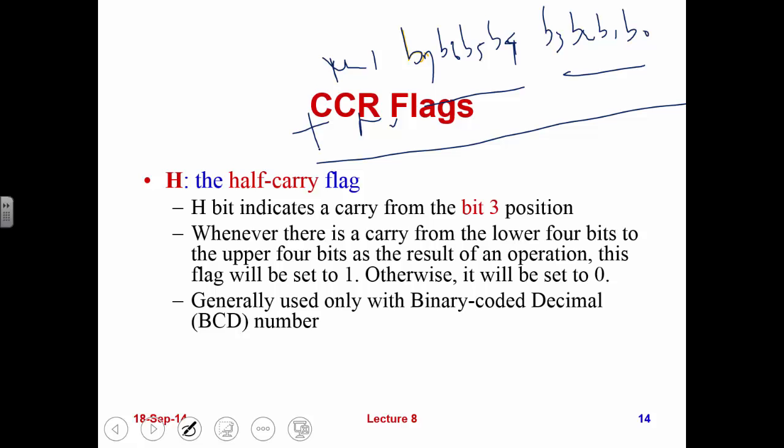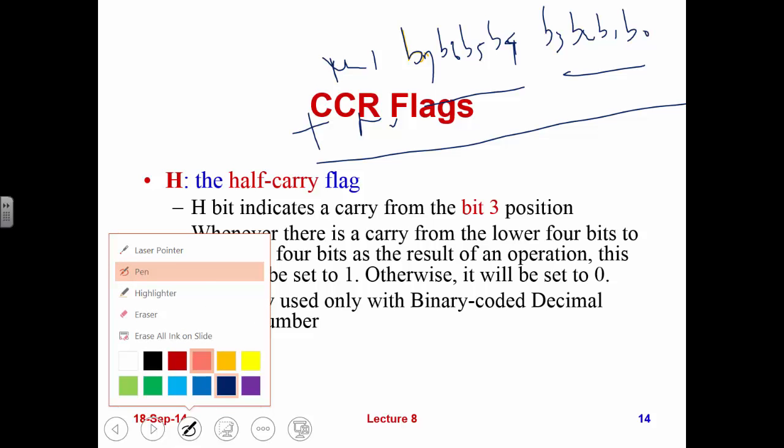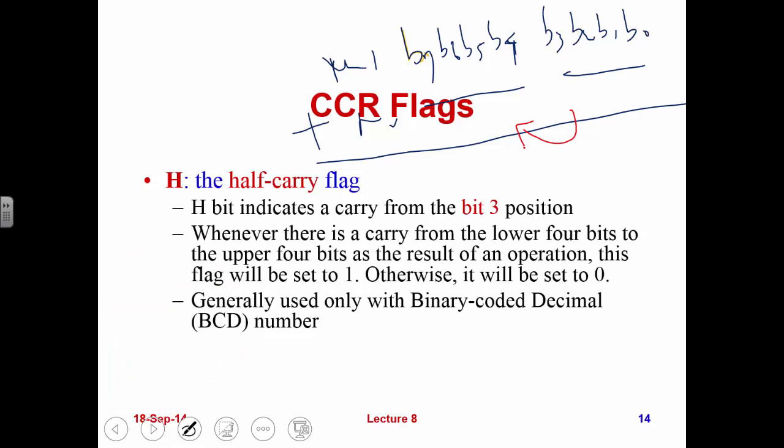When we do addition, if you involve a carry from bit 3 to bit 4, when you add these 2 numbers and it produces a 1, so it produces a carry to bit 4, you do involve a carry from bit 3 to bit 4. That's going to make the half carry bit 1.